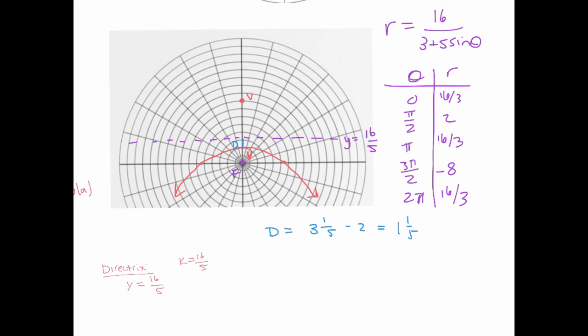So if I just go 1 1/5 away downwards from my second vertex, then I'll get my next directrix. So if I take 8 and minus 1 1/5, I've got 6 4/5. So there's my second directrix here at 6 4/5. So that's roughly somewhere here.